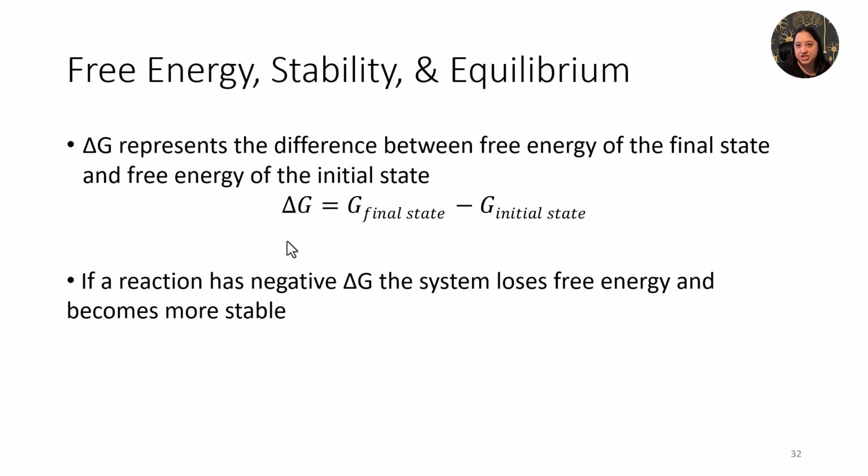So if a reaction has a negative delta G, then that means the initial state had more than the final state, and so there ends up being a loss in free energy on this system that you're focusing on. And this reaction ends up losing free energy from the system, and then it becomes more stable.